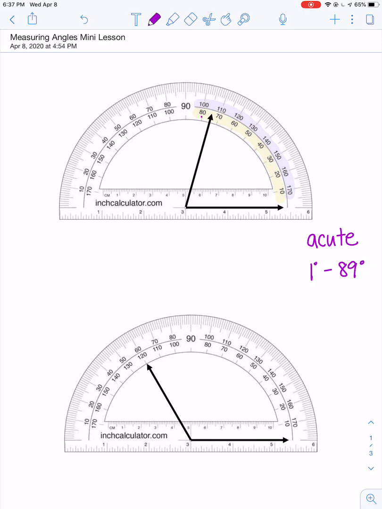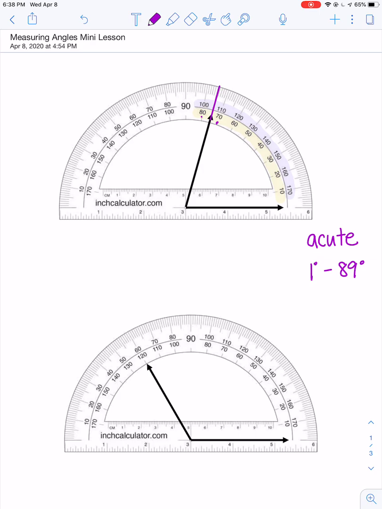So, right here, when I'm looking at 70, you can even take a line and extend this to see just about where it falls. I can see by doing that it falls right in between 70 and 80.